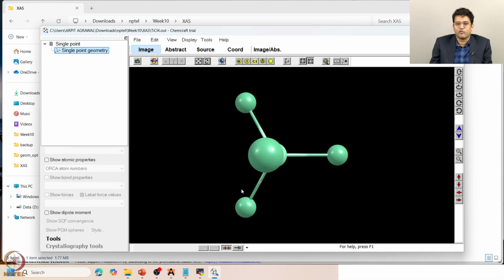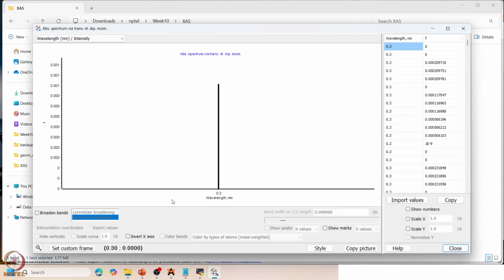First see with electric dipole moment. Then there is only one peak. If I do the broadening, because many of these have very small dipole moment, this does not look good.